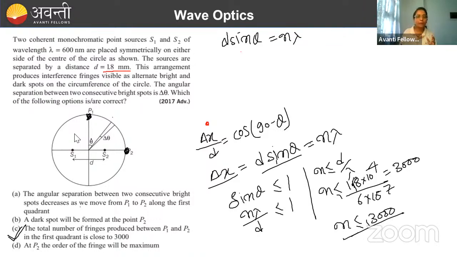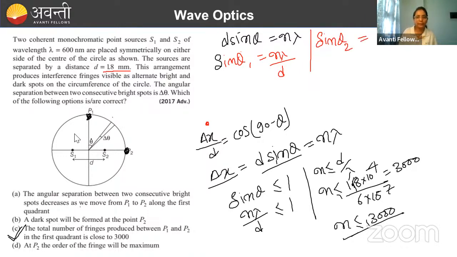If I'm talking about the angular separation between two bright fringes, suppose the nth bright fringe and the n plus 1th bright fringe. For the nth bright fringe, sine theta 1 can be written as n lambda by d. And for the n plus 1th bright fringe, suppose the position angle is theta 2.